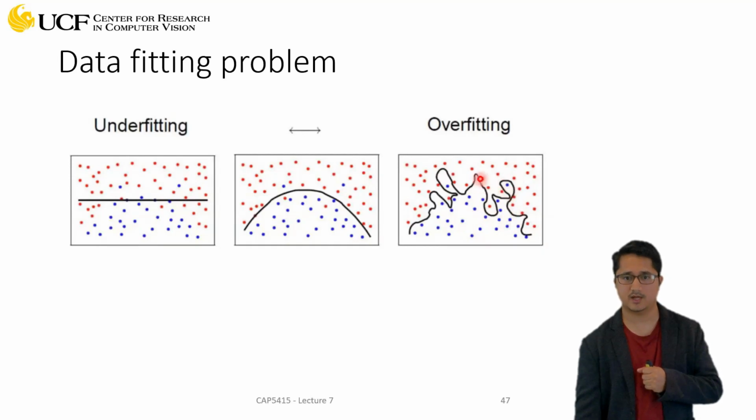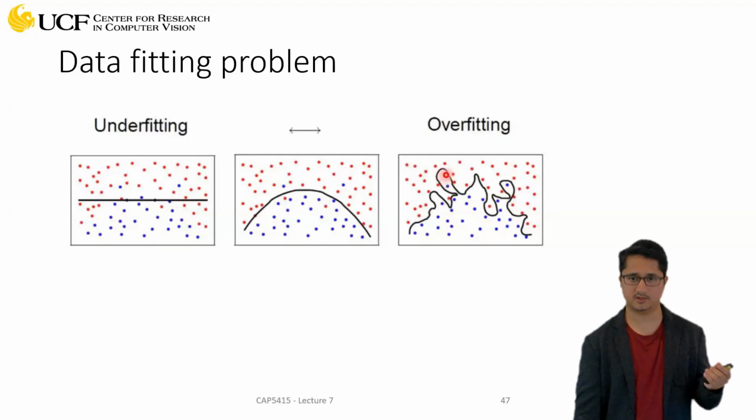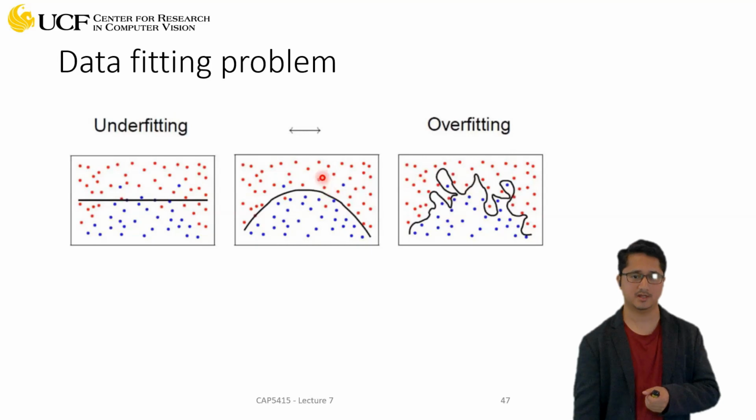Now, let's say you have a red dot at this location, right where my laser pointer is. It seems like it's coming from the red distribution, right? Because it's close to all of those. But this kind of curve will say, no, it's a blue dot, and the method will fail. That's why it's not good, because it's trying to please each and every training sample, which is not good. In this case, you can clearly see the distribution.